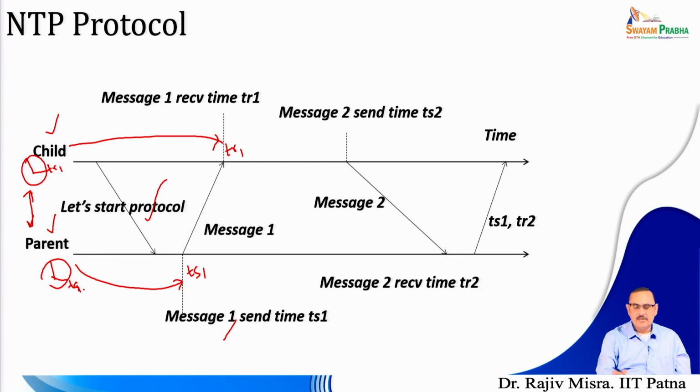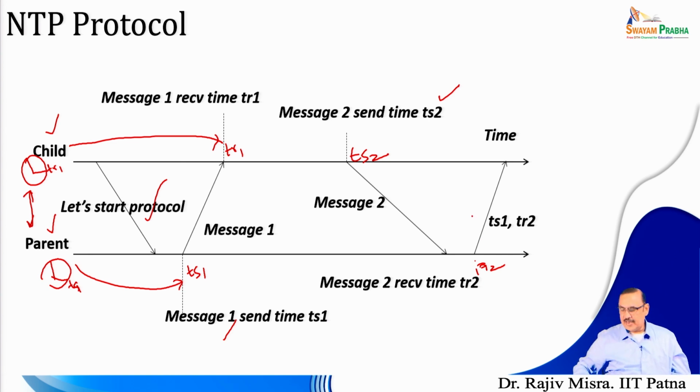Now, the child will send another message, that is message 2, at TS2, send the time, that is TS2, and it will be received, and it will send the message received time, that is TR2, back with TS1 embedded within it.